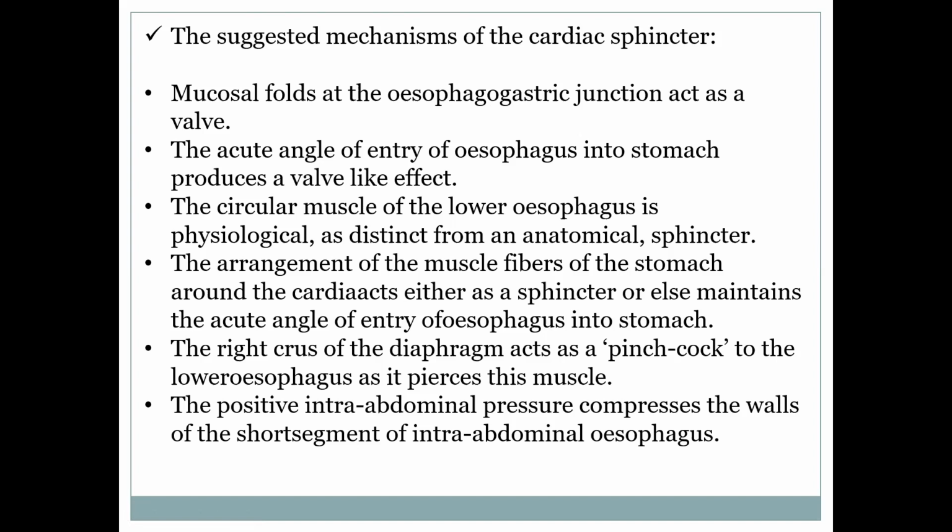Though there is no proper anatomical sphincter at the lower esophagus, the circular muscle layer of the lower esophagus acts as a physiological sphincter, and the arrangement of the muscle fibers around the stomach cardia also acts as a sphincter at the cardiac orifice.